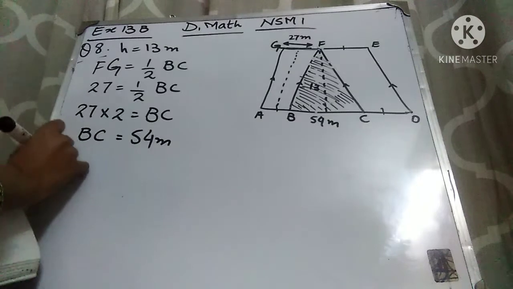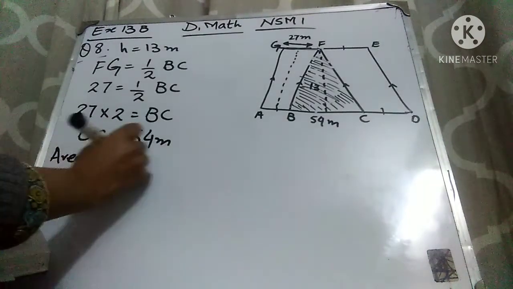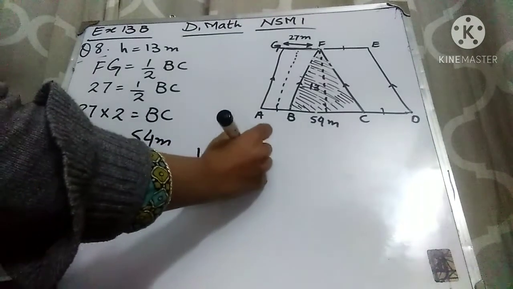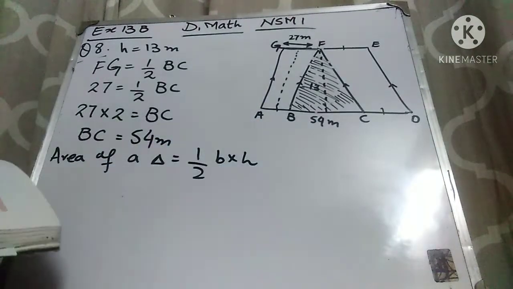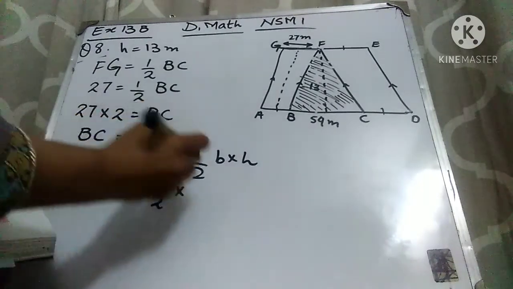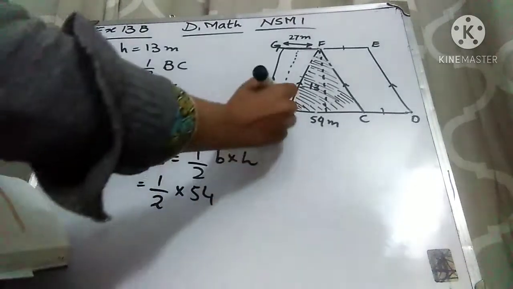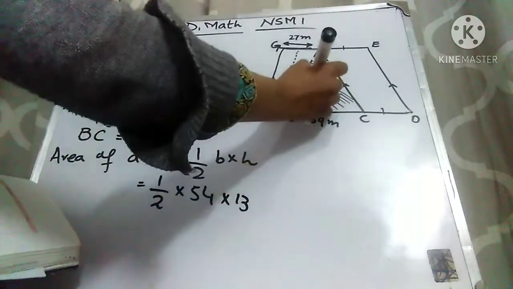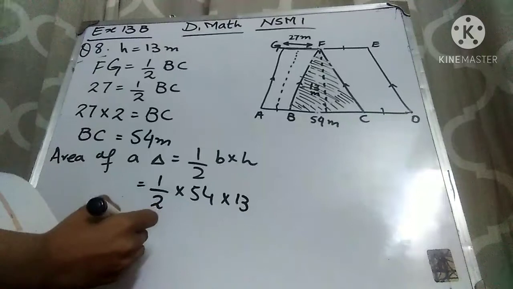The formula to find out the area of a triangle is half base multiplied by height. Base we have found, which is 54, and height we have found, which is 13 meters. Now we will solve it.